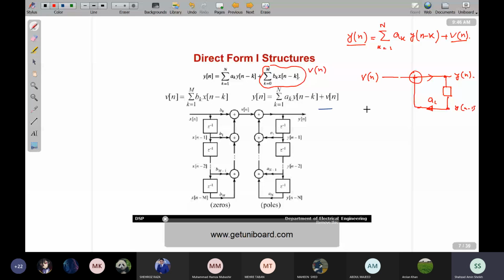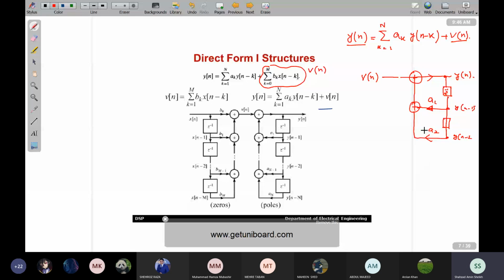So this is the feedback, and then I will be passing it through a delay element to get y of n minus 2, multiply it with a2, and then I will be adding it to get the second term.